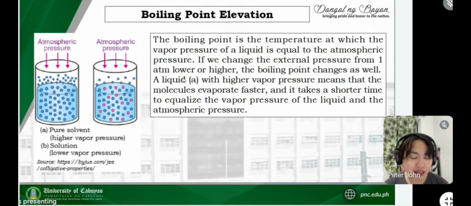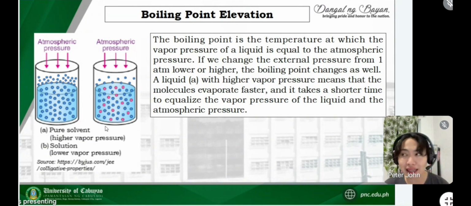As we can see in our illustration, we have a comparison between the atmospheric pressure of a pure solvent, typical plain water, and the atmospheric pressure of a given solution with lower vapor pressure. Obviously, it is connected to our first colligative property, which is lower vapor pressure.